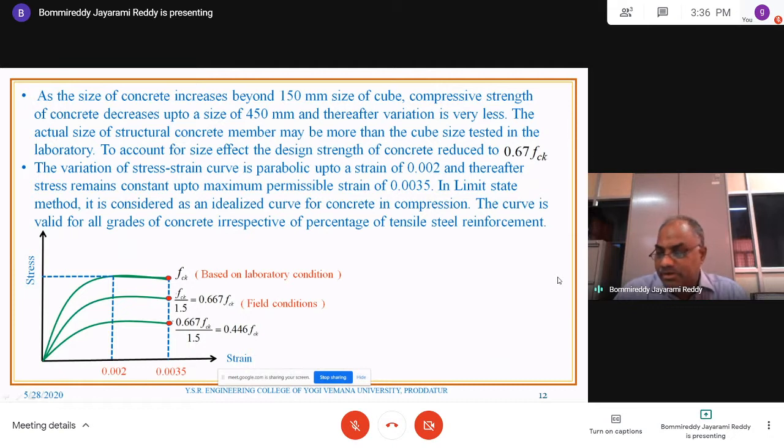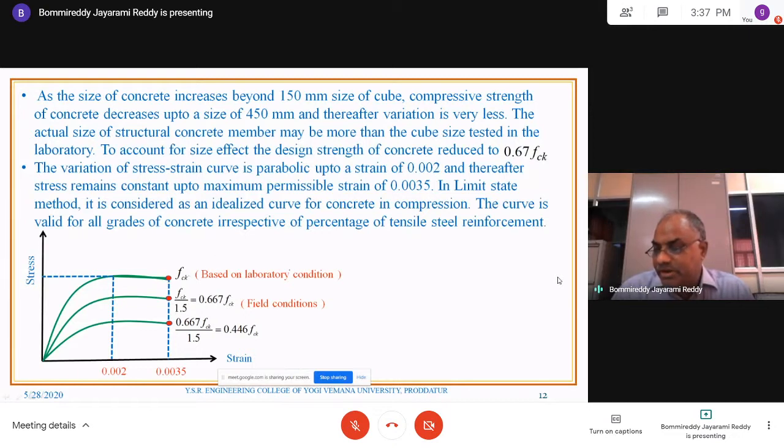We are assuming that the entire concrete is going to fail by attaining 0.0035 strain. When the strain is 0.002, the first crack will develop in the concrete, and at 0.0035 the entire concrete collapses, the failure stage.